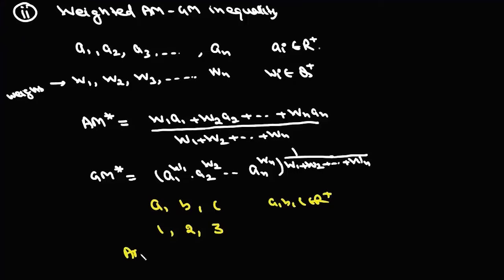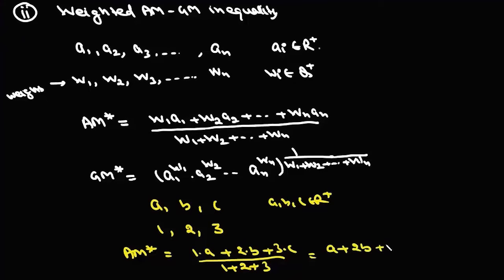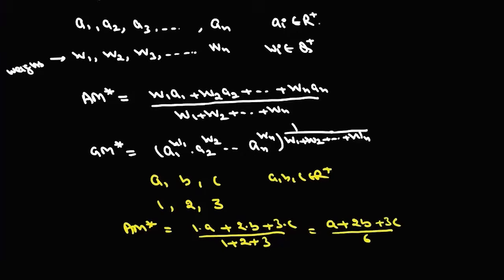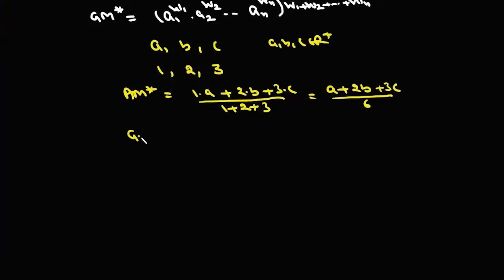Then we can write their weighted AM as 1 into a plus 2 into b plus 3 into c upon 1 plus 2 plus 3, and there will be a plus 2b plus 3c upon 6, and we can write their weighted GM as a to the power 1, b to the power 2, c to the power 3, whole to the power 1 upon 1 plus 2 plus 3, and there will be a b square c cube to the power 1/6.